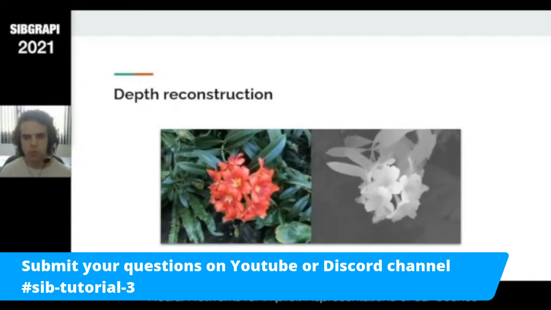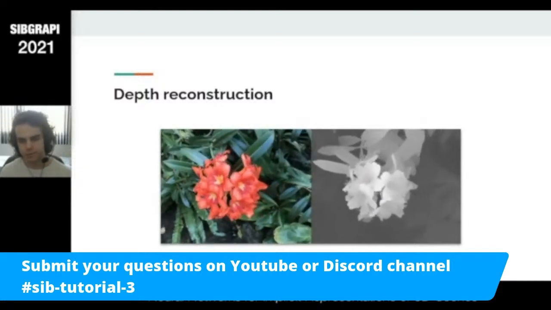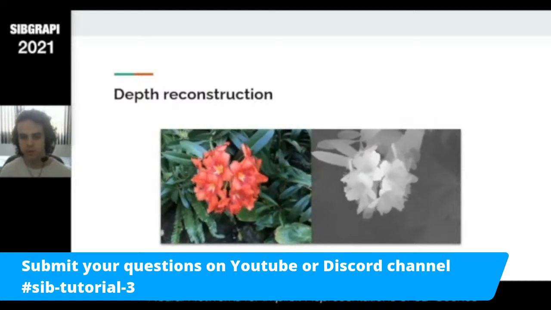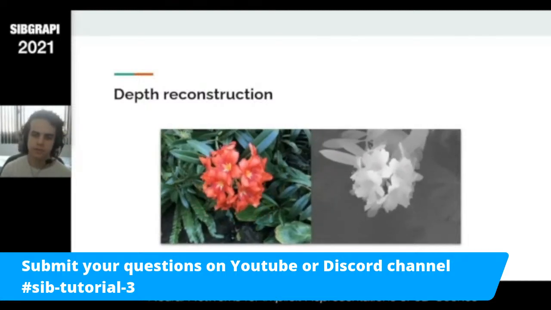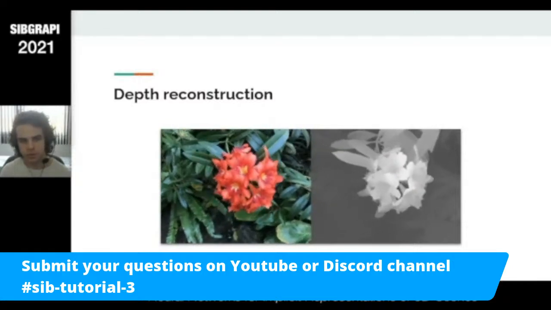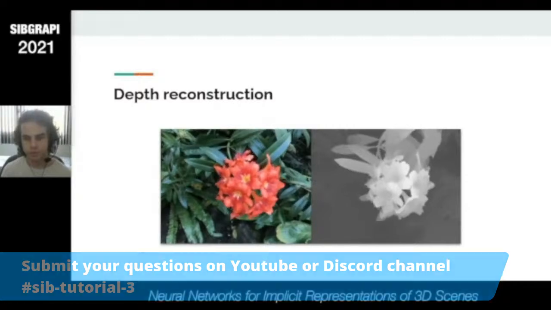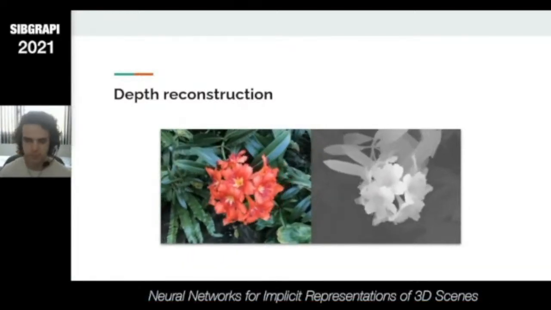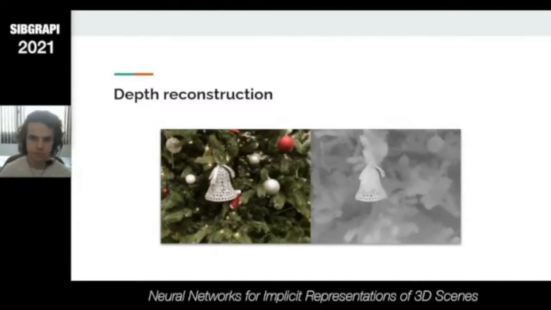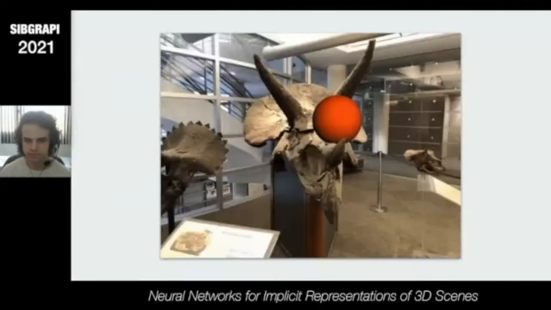So even though you don't have depth information in the input or any volumetric information at all, you actually get this very good estimation of the depth of particular parts of the scene, because that's something that we train in the network when we try to reproduce these 2D images in renderings. And you can see that even small details are captured in these estimations.